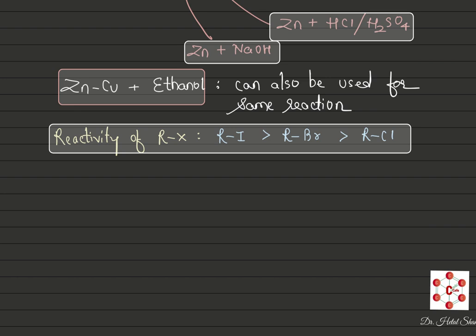We can take up some specific examples, and you can start by taking, for example, CH3Br in presence of, let's say, Zn plus HCl, giving you CH4.